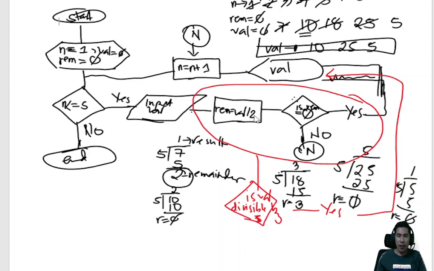Sorry class, I made a mistake. This should be 5, not 2. We've been using 5, right? So, errata, this is 5, not 2. So val divided by 5.